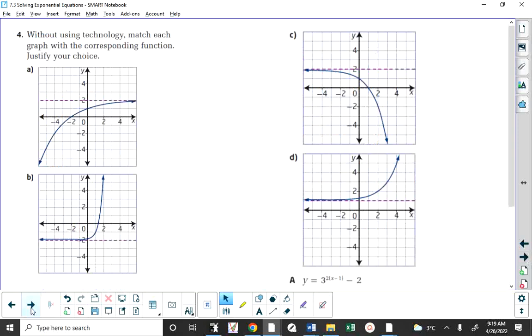So without using technology, match each graph with a particular equation. So before I look at the equations, what are some differences between these 4 graphs? Well, one of the differences is they all have horizontal asymptotes, but 2 of them have horizontal asymptotes that are below the function and 2 have horizontal asymptotes that are above the function.